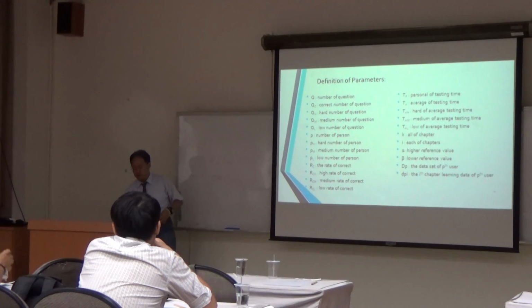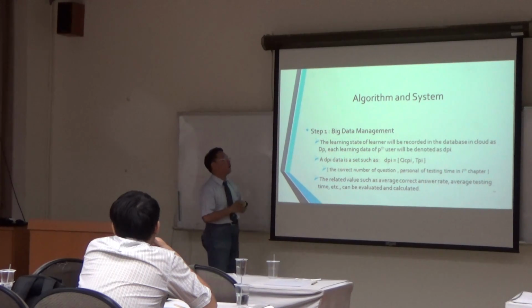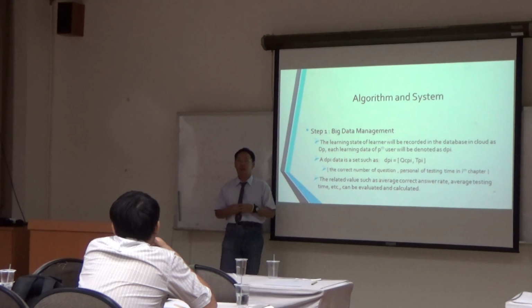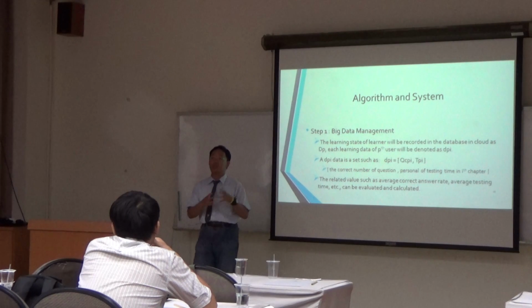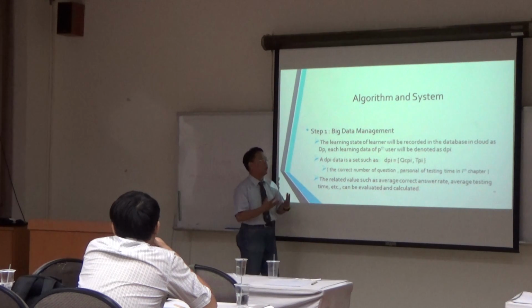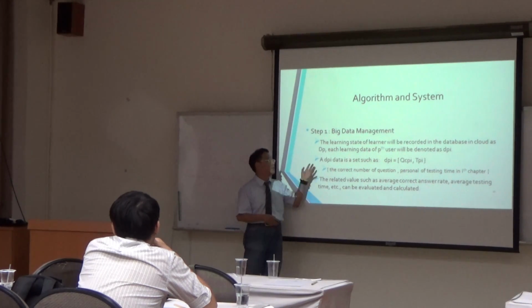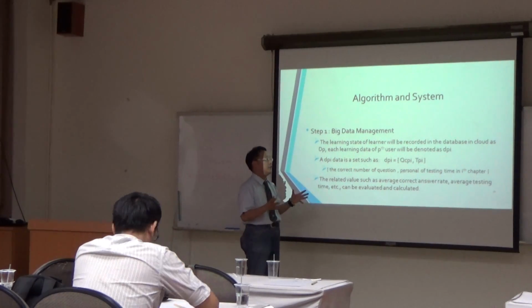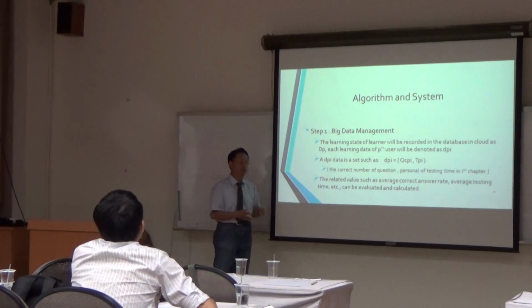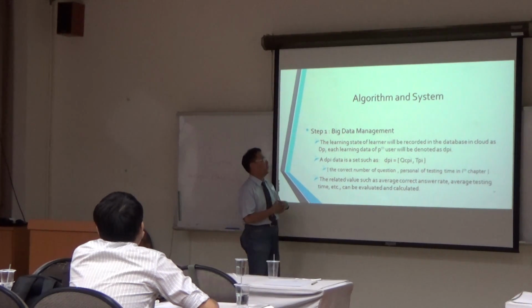This is the definition of a parameter we use in our algorithm. First, we collect all the data from students using the learning platform. Their data will be our source to create the threshold. The learning state of a learner is recorded in a database, so we can collect and merge all the students' learning states.